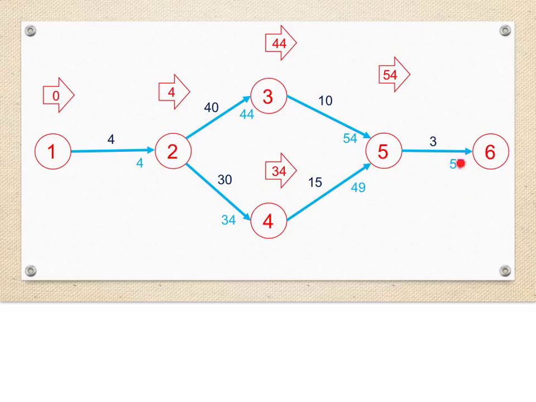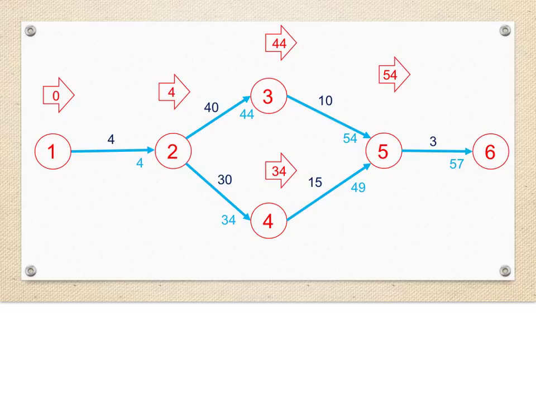So event 6 represents the end of the project. Therefore, the earliest start time of event 6 represents the earliest possible time we can complete the project by. And since task 5-6 is the last task, the earliest finish time of 57 days becomes the earliest start time of event 6.